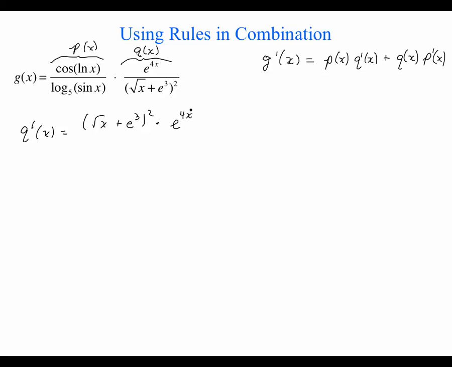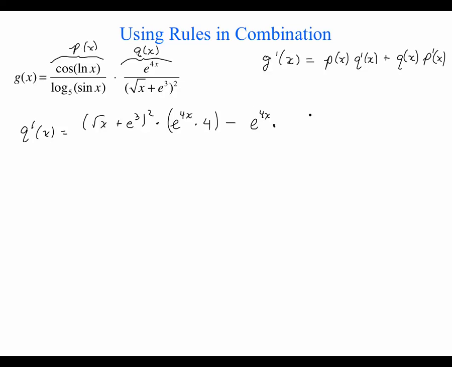But this is a composite, right? Because we have 4x plugged into e to the x. So then we need times the rate of change of the interior function, which is 4. So that's our rate of change of the numerator. So this is low D high, and then minus high D low. D low is what kind of thing? It's a chain rule problem, right?